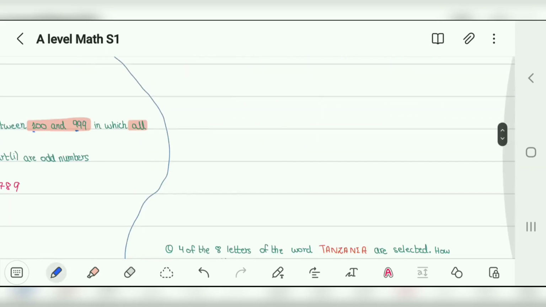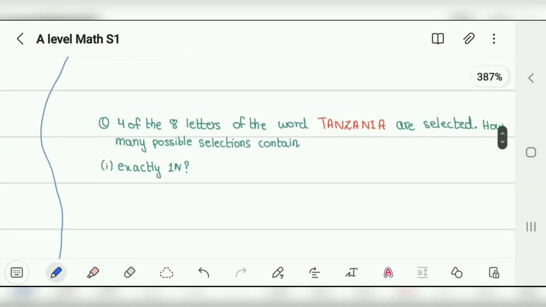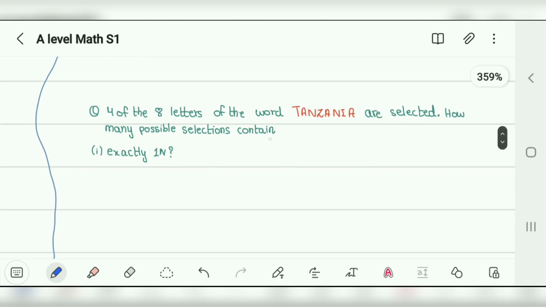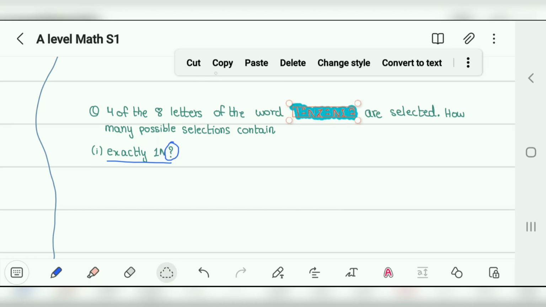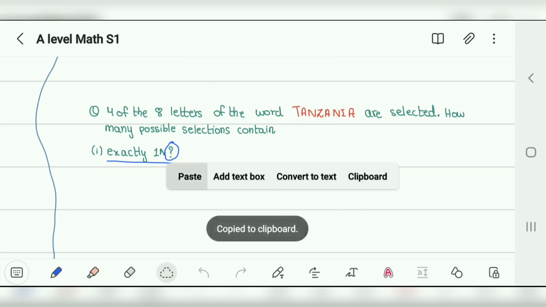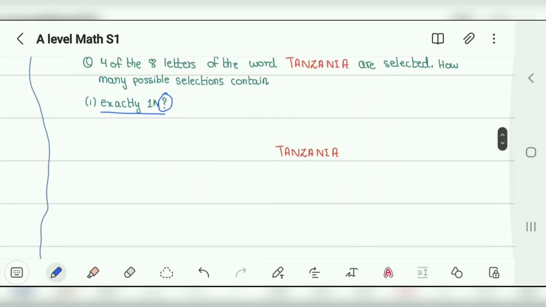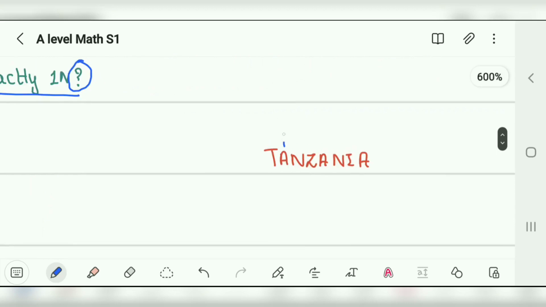Moving to another question. 4 of the 8 letters of the word Tanzania are selected. How many possible selections contain exactly 1 N? Okay, let's just do it. So this is the word Tanzania, and there are 3 A's, and also there are 2 N's.